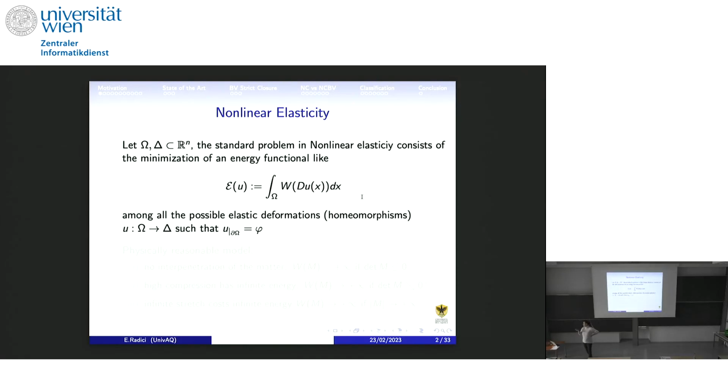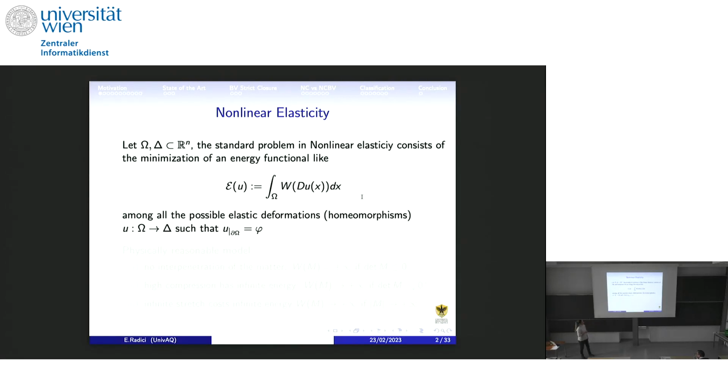The classical prototype problem in nonlinear elasticity has been described many times, so I'll go quickly on this. We have two reference configurations, omega and delta, and we can imagine that we have a prescribed way in which the boundary of omega is deformed onto the boundary of delta, and we can imagine for this talk that the deformation on the boundary is super nice, a diffeomorphism, for example.